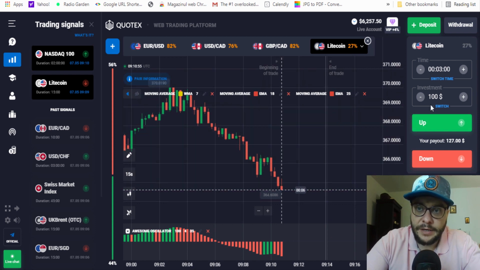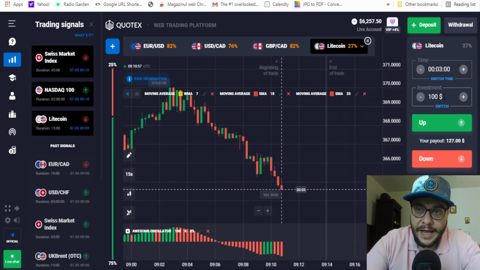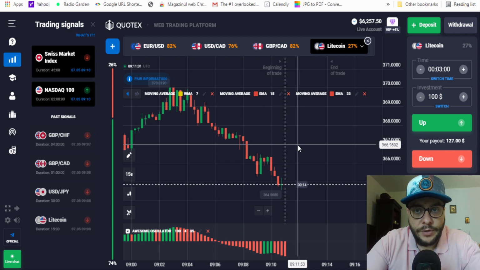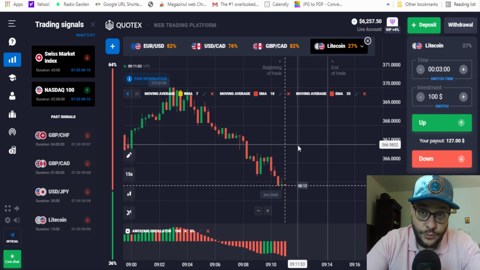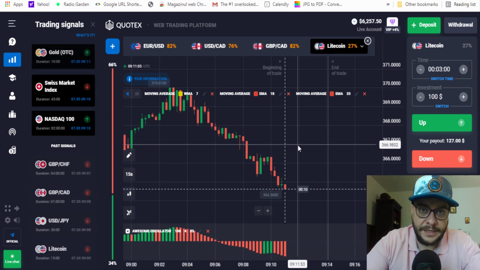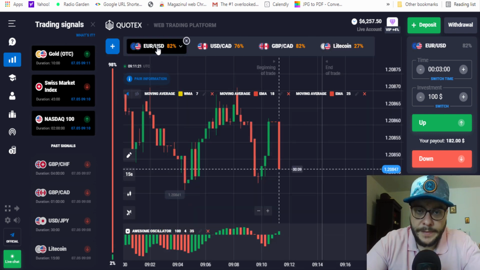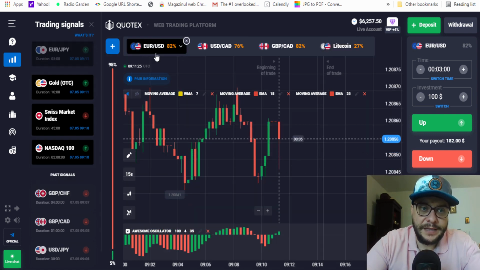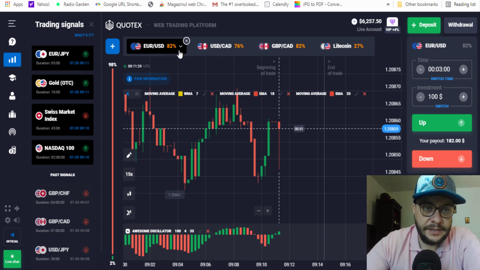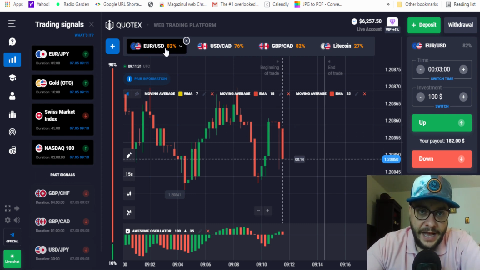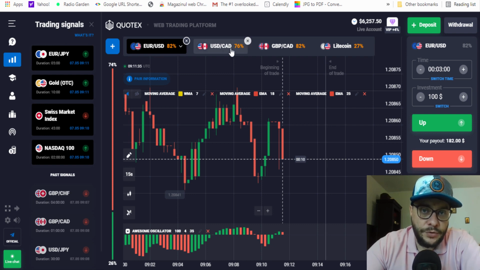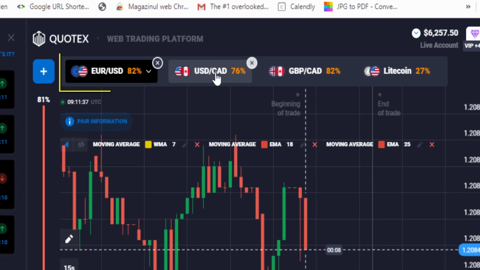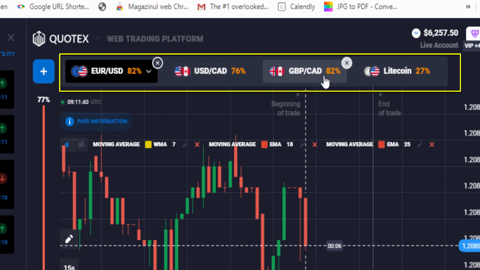So if I trade with $100, I will get back only $27, which is not good for my investment. That's why, this is a tip for you, always try to find assets where the return on investment is higher, like this one, Euro USD, it's 82%. On US dollar, Canadian dollar, we have 76%, and so on.